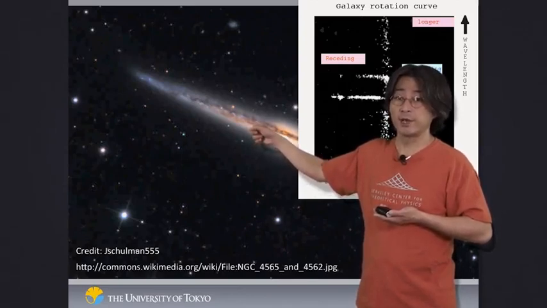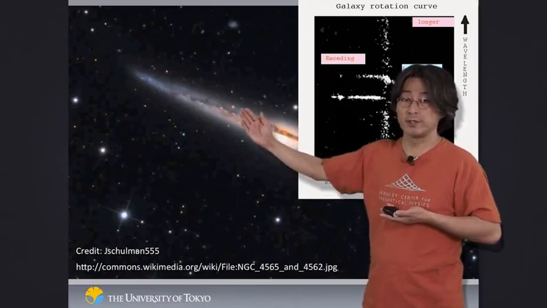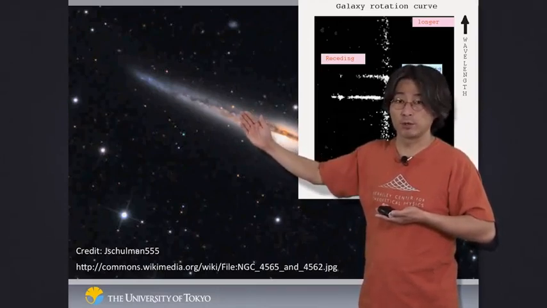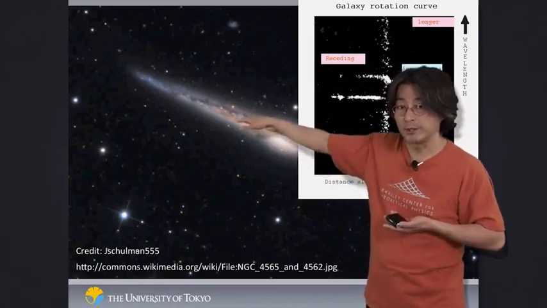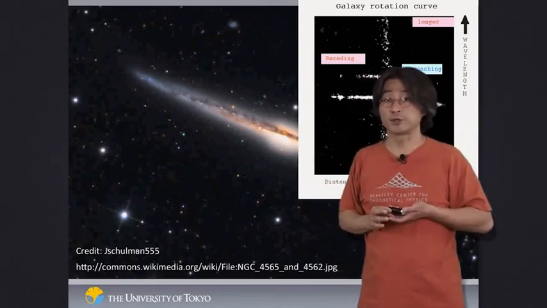So if the star in this region is coming towards us, then we would expect the light to be bluer than it actually should be. If the stars are going away, then the light should look redder to us than it should be.